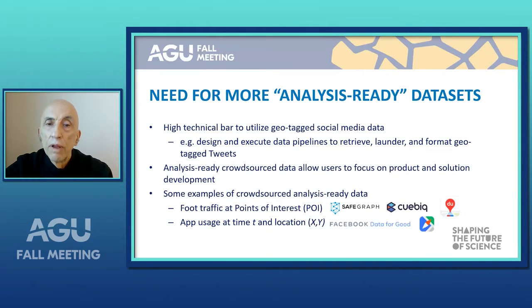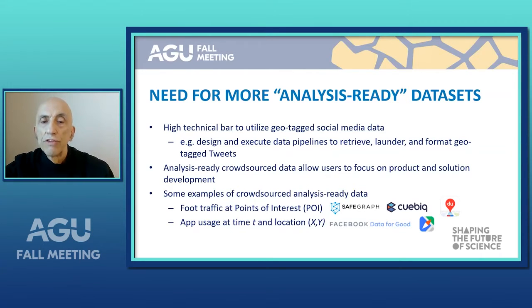So we also have a need for more analysis-ready data sets. There are some challenges, such as the high technical bar to utilize geotagged social media data, and to have analysis-ready crowdsourced data, which allow users to focus on product and solution development.